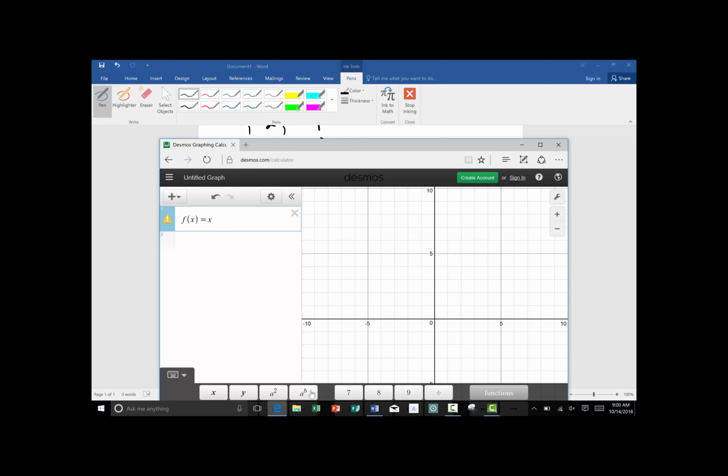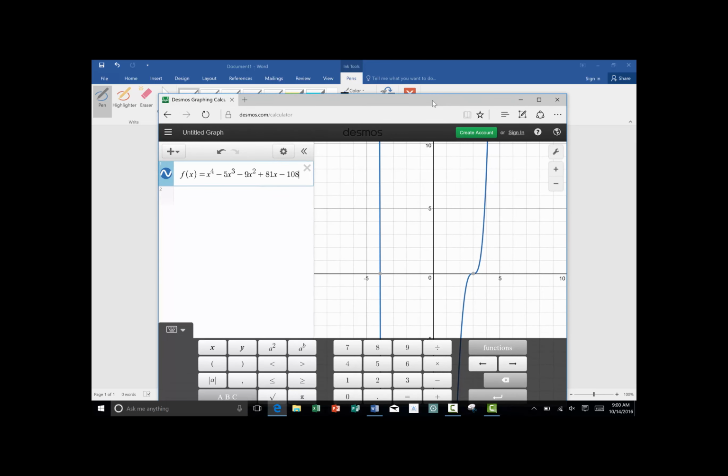So it was x to the 4th minus 5x cubed minus 9x squared plus 81x minus 108. Okay, now what you're doing is you're looking at the calculator and you're trying to find a zero that you can use.